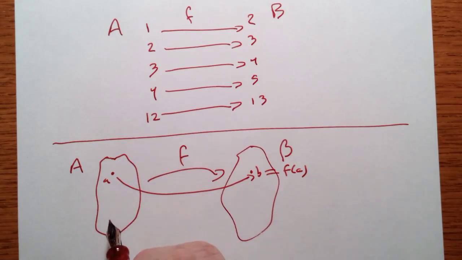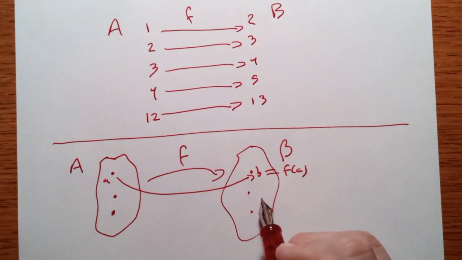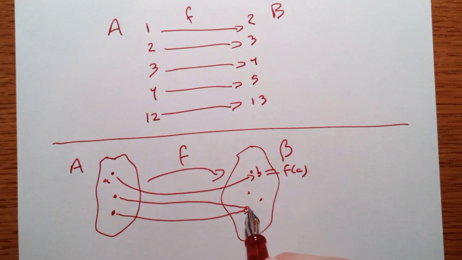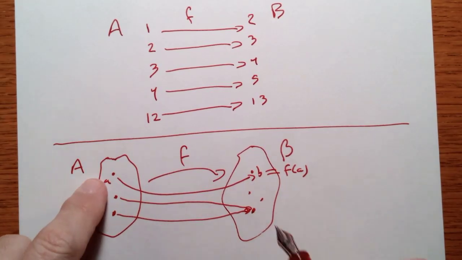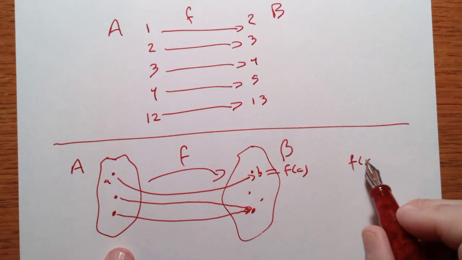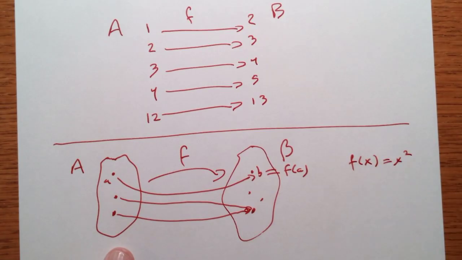It is possible that I could have lots of different values over here and lots of different values over here, and maybe both of those go to the same place. That's allowed. This one only has one output. This one only has one output. Before you freak out on me, remember we did f of x is x squared. F of 1 is 1. F of negative 1 is also 1. They both go to the same place. That's okay. That's allowed.